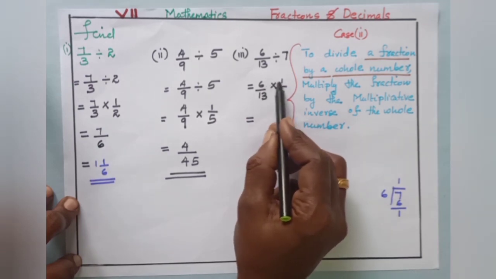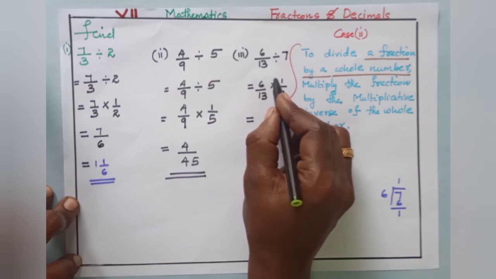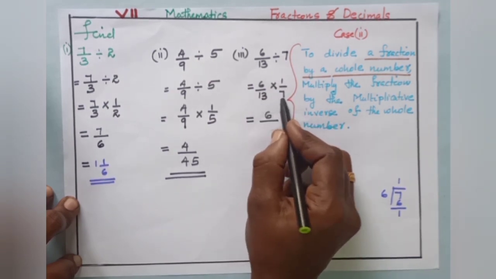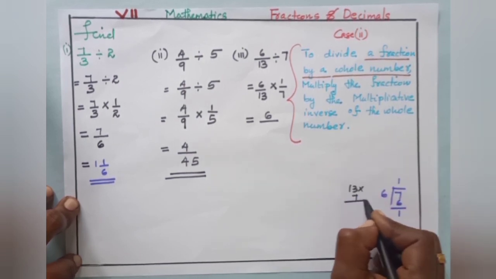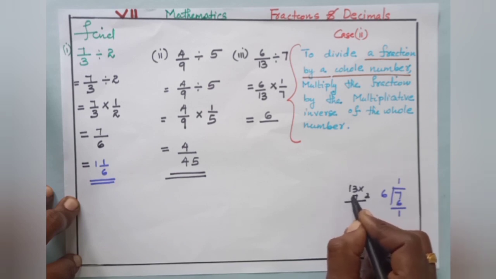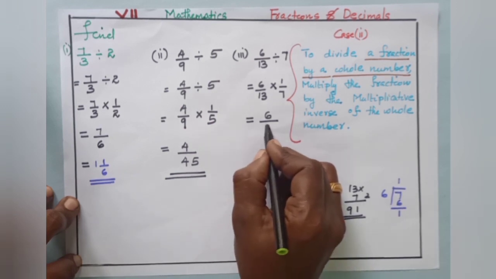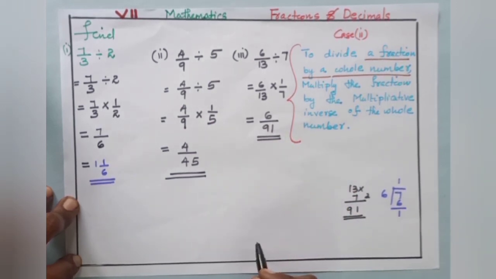So cancellation is not possible, no common factors. So multiply 6 into 1, 6, over 13 into 7. 7 3s are 21, 2 balance. 1 7 is 7 plus 2, 9. 91. 6/91 as the answer.